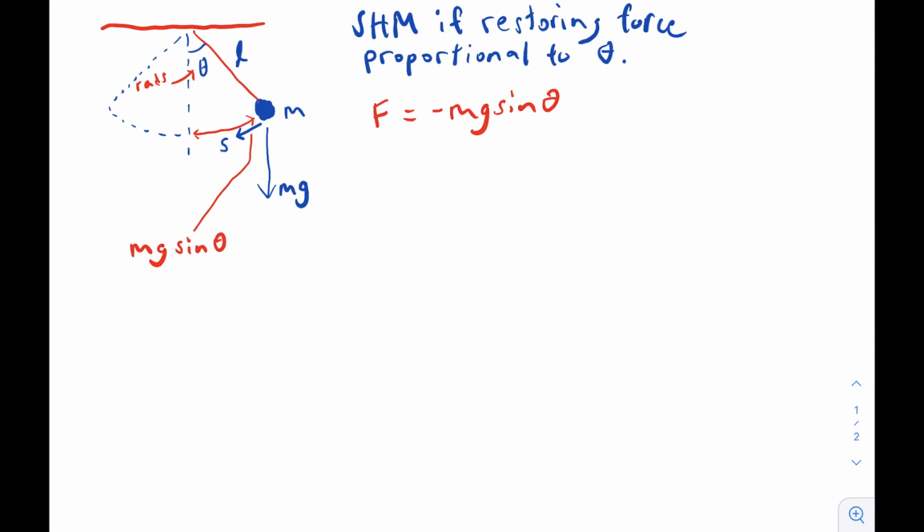We add the negative sign here to say that the restoring force acts in the direction opposite to the angular displacement. Similarly, we also saw this negative sign added when finding the restoring force in simple harmonic motion. This formula is actually all that we need to see that this is not simple harmonic motion. Here we see that the restoring force is proportional to the sine of theta and not to theta itself.